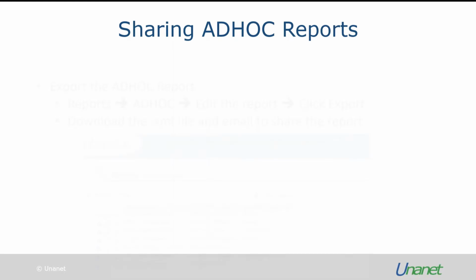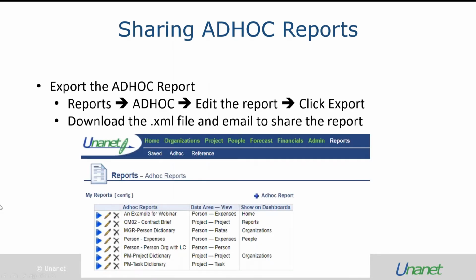Well, there are a couple of ways we can do that. So first, on the ad hoc itself, you can create an export file that you're going to send to somebody. So you would go onto the reports dashboard, click on ad hoc, go into the particular one that you want to send to that other person and edit it.